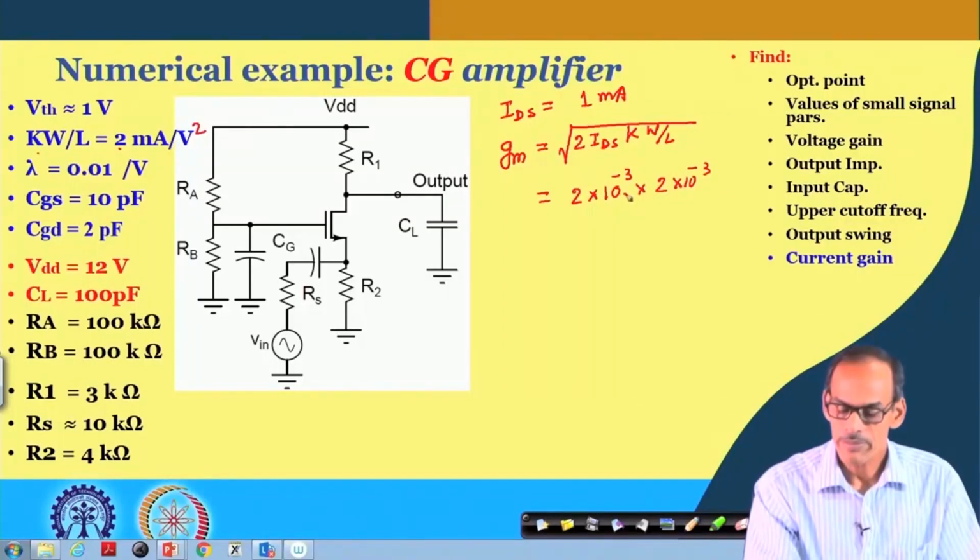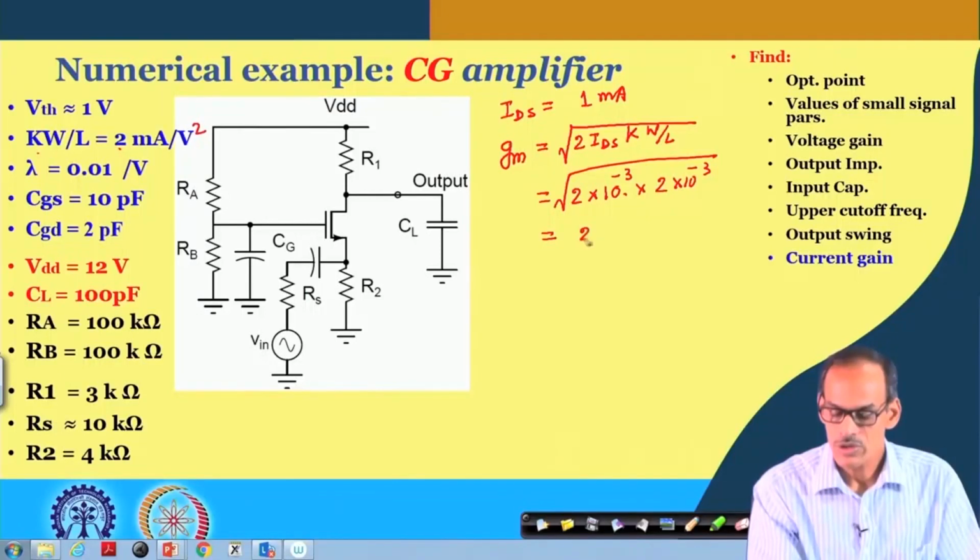So, that gives us Gm equal to 2 milliampere per volt.